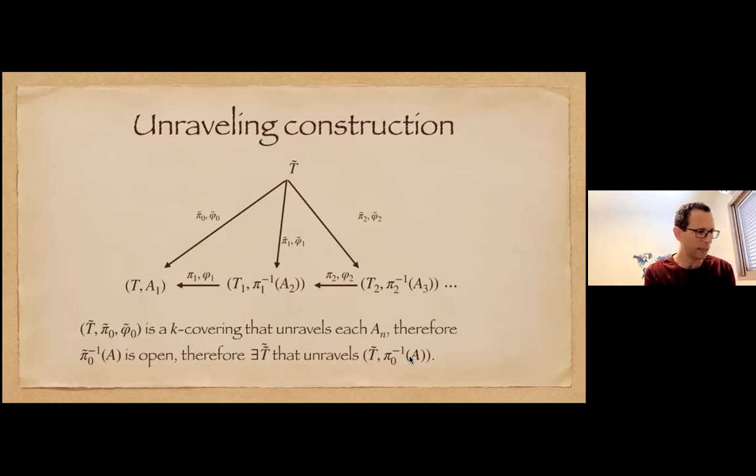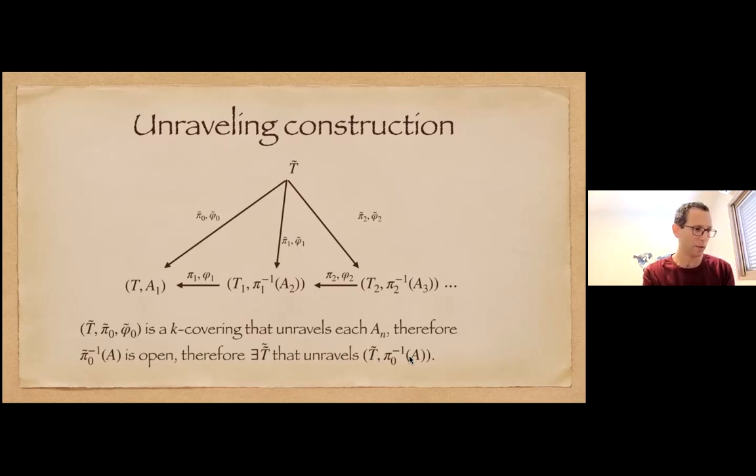And now I can apply another step of the key lemma to get a covering of T tilde that unravels the inverse image of A, and so the proof is complete.